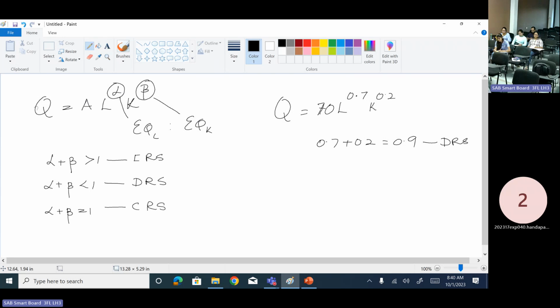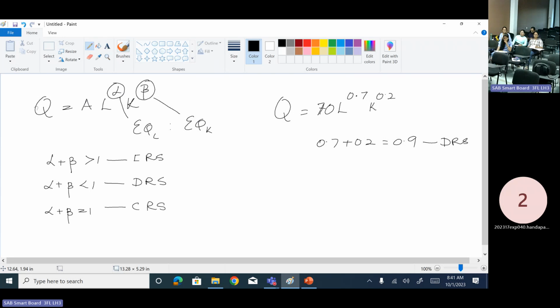That in turn equals the marginal productivities of the respective factors. You may remember that at the equilibrium point of the isoquant and the isocost, the MRTS equals the relative marginal productivities, MPL over MPK, which equals the price ratio.